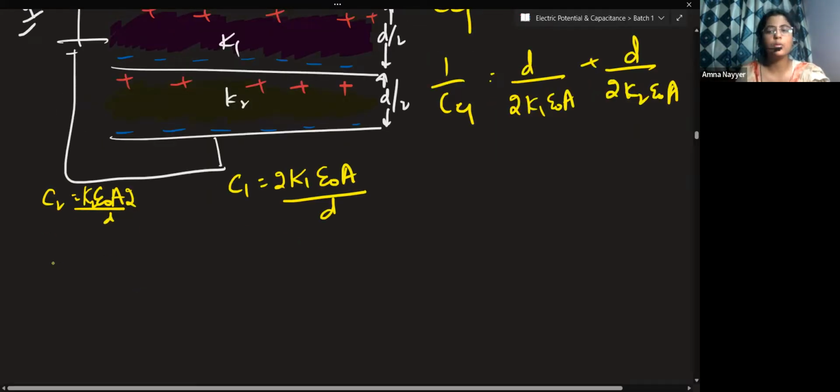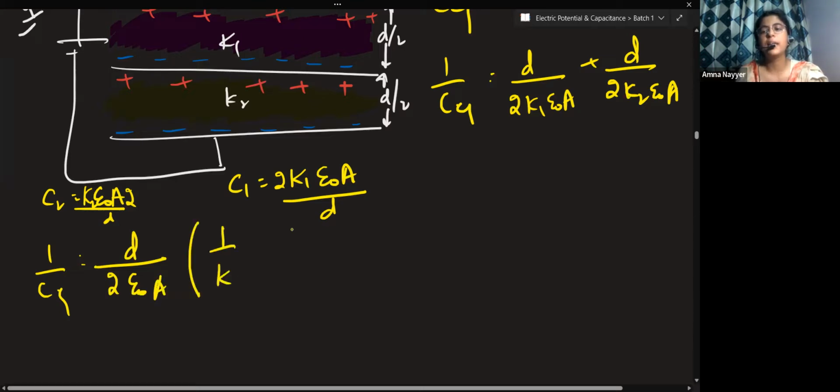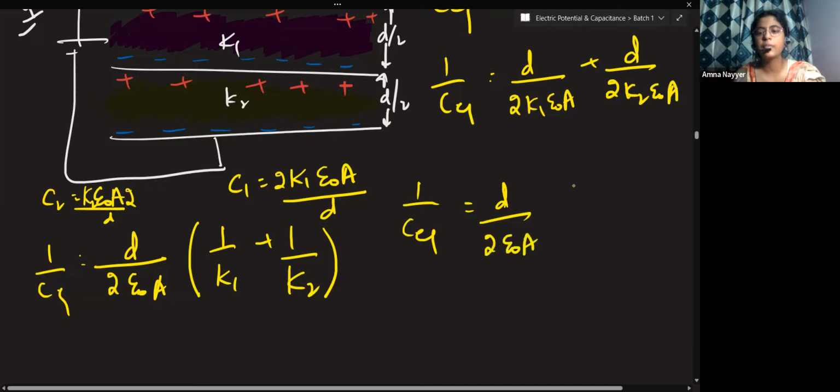So if we take out common, 1 by C equivalent, D by 2 epsilon naught A can be taken common. What will be left? 1 by K1 plus 1 by K2 will be left. You can solve this further. 1 by C equivalent will be equal to D by 2 epsilon naught A, K2 plus K1 divided by K1 K2, on taking the LCM.